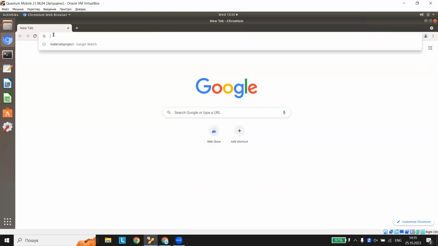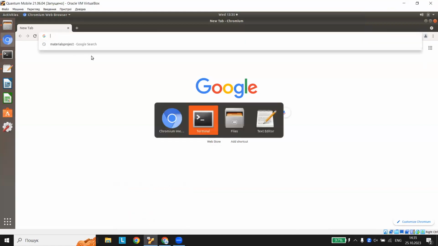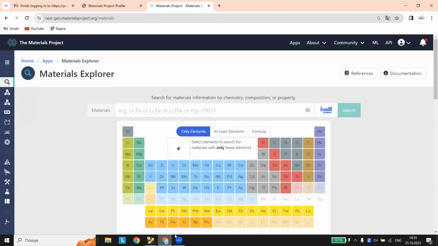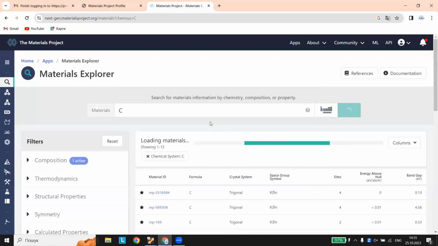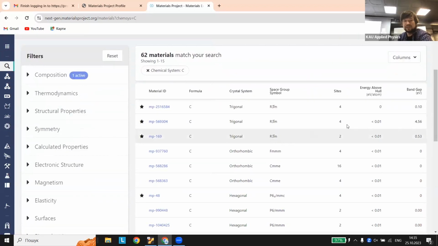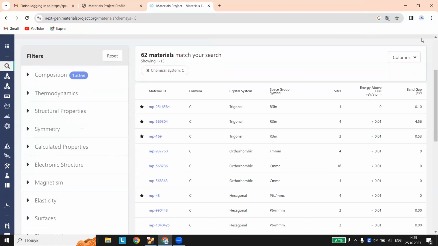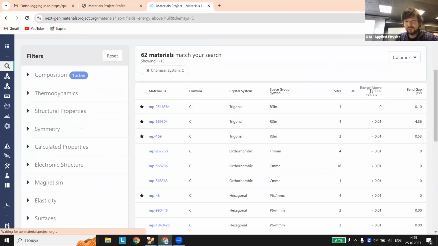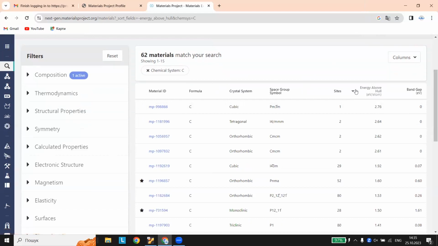Right, we are looking for carbon. Graphite is the lowest energy configuration of carbon. So you have to find this energy above convex hull.